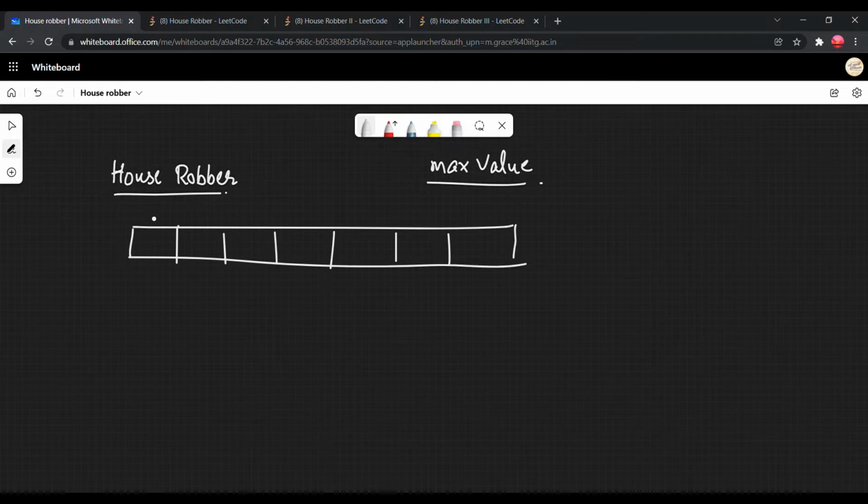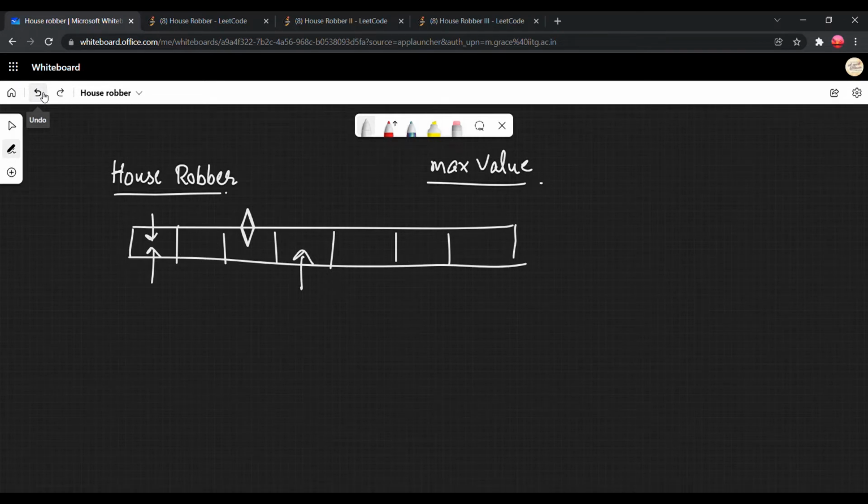So you can rob this one, and then you can rob this one, or you can rob this one, and then this one, and then this one. But you can't rob adjacent ones. If you decide to rob this one, you cannot rob this one. That's the whole problem. You're supposed to return the max value.